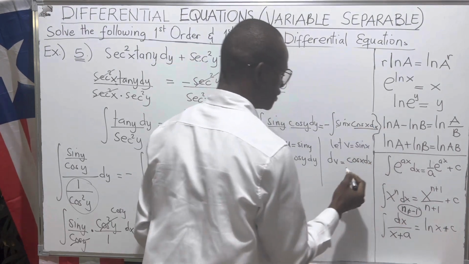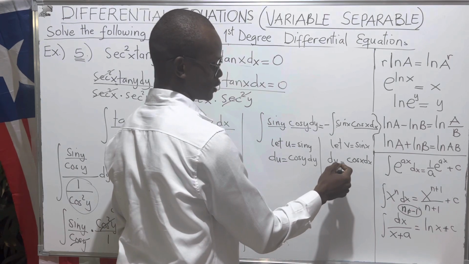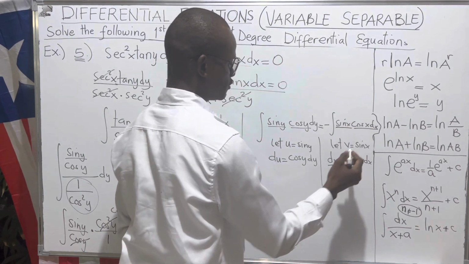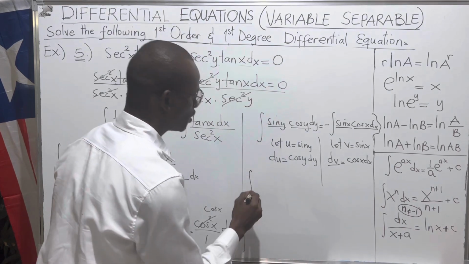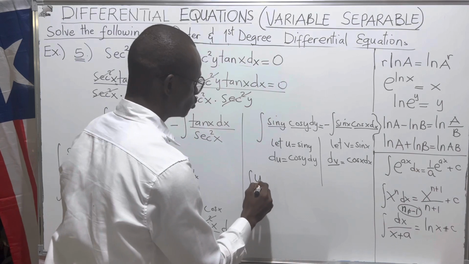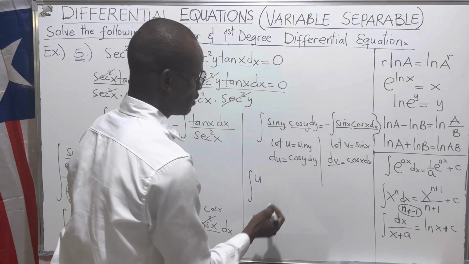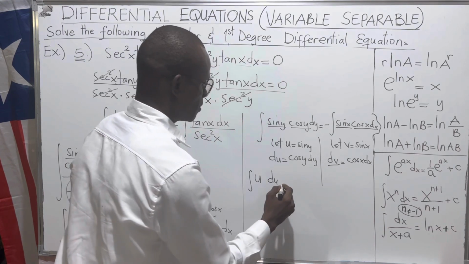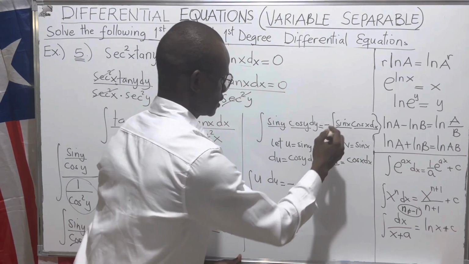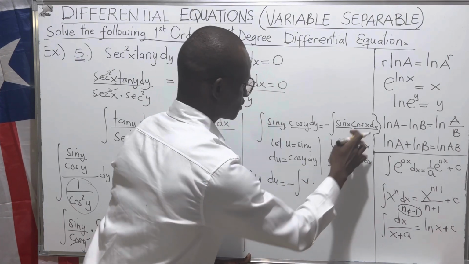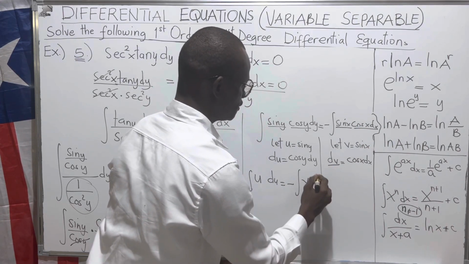So we have the integral of sine of y, which is now u, times cos of y dy, which is du, equals minus the integral of sine of x, which is just v, times cos of x dx, which is dv.